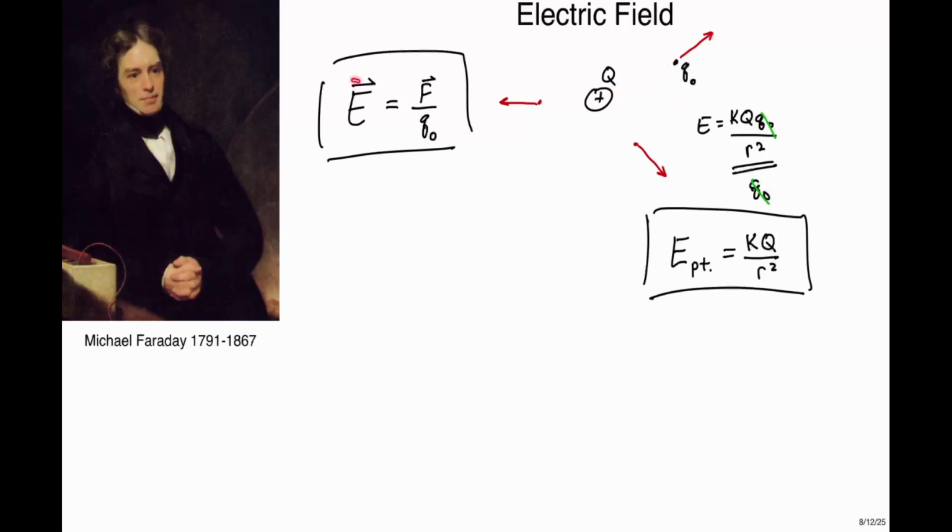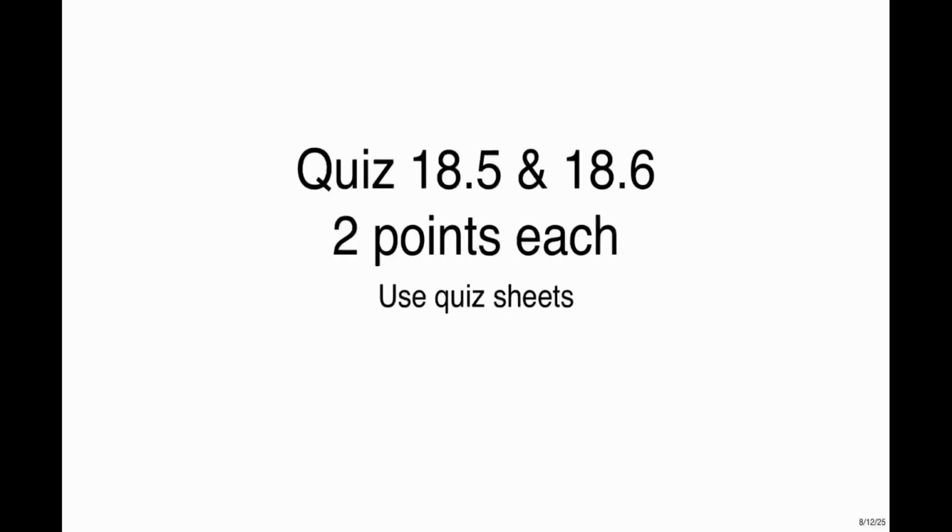And if we know the electric field at that point in space, what do we do to find the force? We just multiply by the charge that's sitting at that point in the field and we're done. It's more elegant, it's faster, and the computations are a lot easier to do it that way, okay?